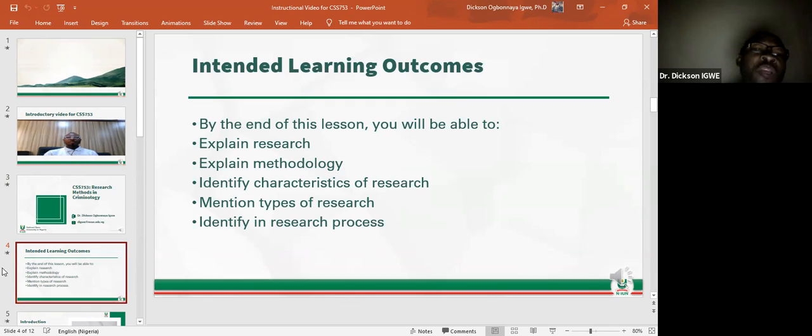So we move on, having this at the back of our mind as the target and expectations for this lecture. I believe that it will stand as a gauge, a kind of checklist to make us know whether we are on track or not. So I implore you to come on, let us move into the class properly.